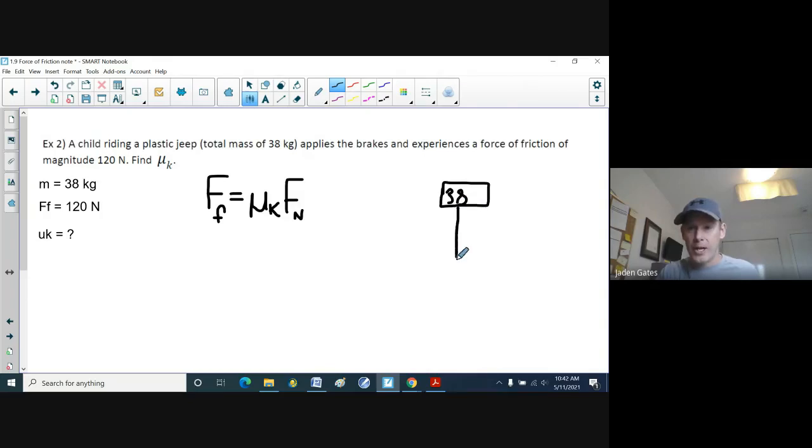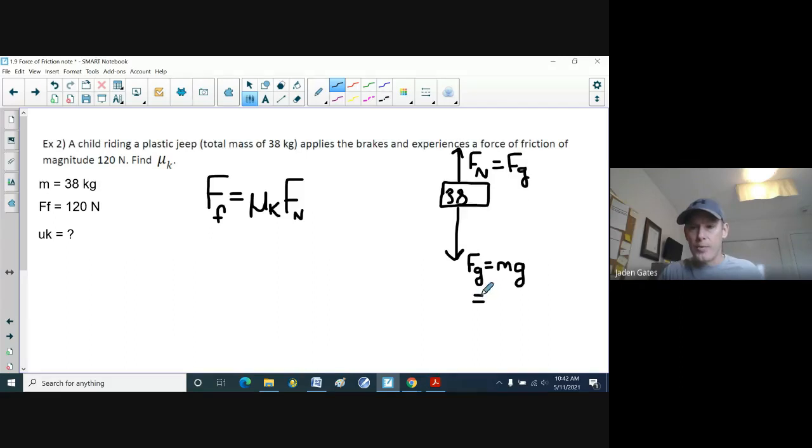And so again, what's happening here is the Jeep is pushing down on the ground with a force of Fg. And because it's balanced forces, Fn is the ground pushing up on the Jeep. And because they're balanced, these two have got to be equal, just like last time.